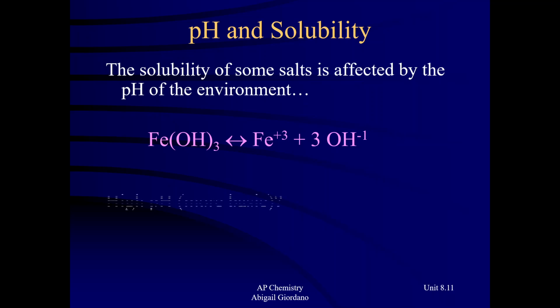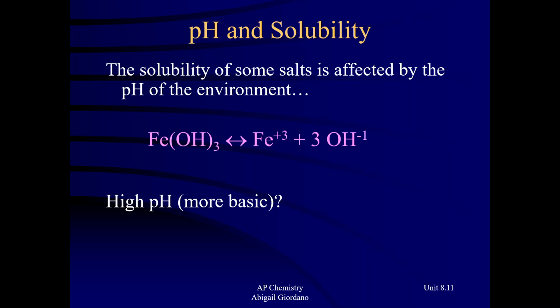So let's look at one situation at a time. Let's say the environment is very, very basic. And of course, by the end of this unit, I'm hoping you understand that an environment that has a high pH means that there is a great deal of hydroxide ion floating around. Let's think about the equilibrium system of that reaction in purple.